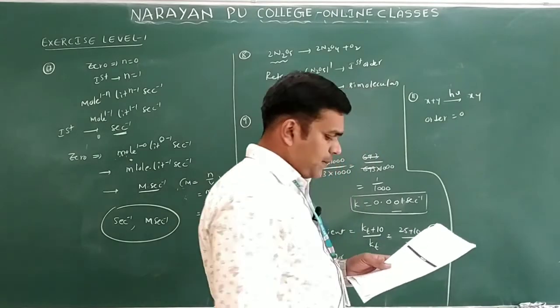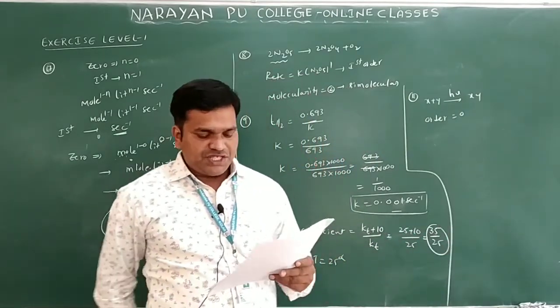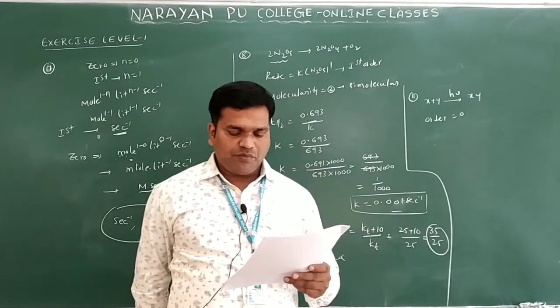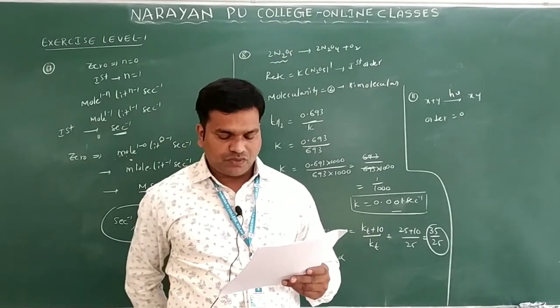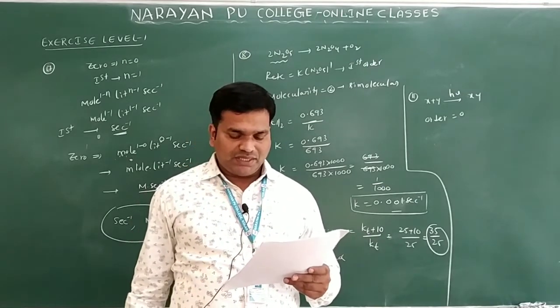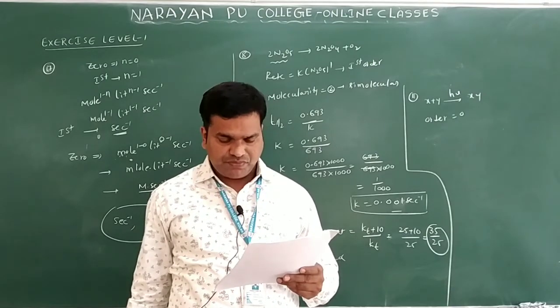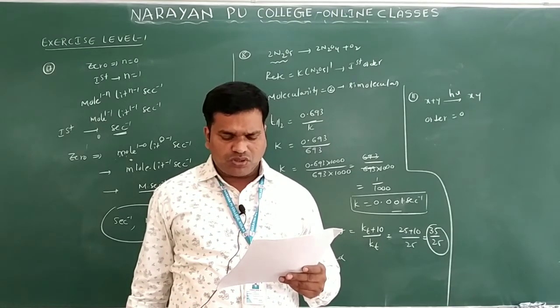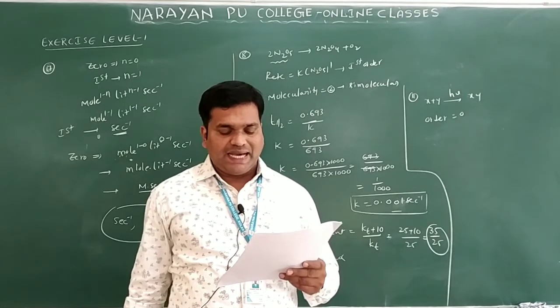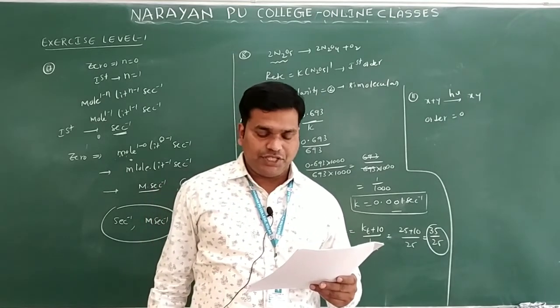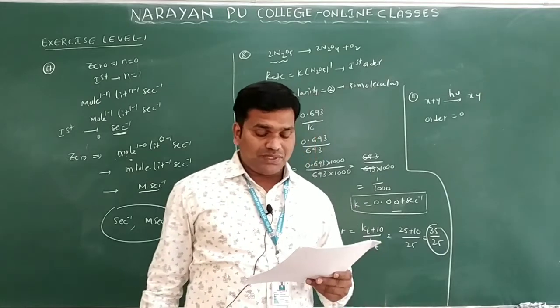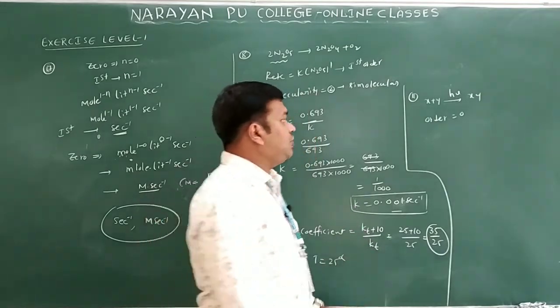Now they ask: the rate of reaction is independent of the temperature, the formation of the activated complex is 0, the rate of reaction is independent of the concentration of the reactant species, and the decomposition of the activated complex is 0. What order reaction is it? It is a 0 order reaction.